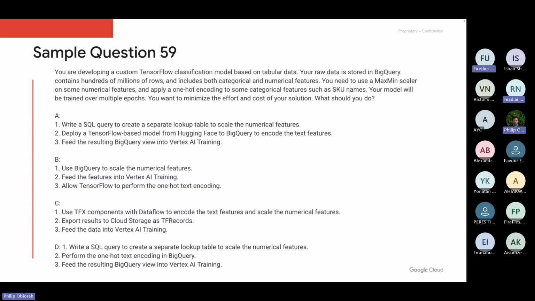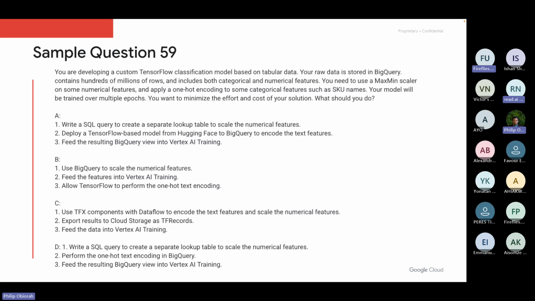Sample question 59. What does it say? Developing a custom TensorFlow classification model based on tabular data. Your raw data stored in BigQuery contains 100 million rows and includes both categorical and numerical features.